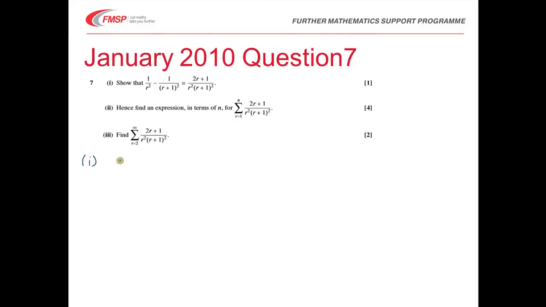So in part 1 there's only 1 mark for this, but it is on the other hand a show that question. So just make sure that you do actually show it quite carefully. So we'll need to subtract the fractions, so we'll take a common denominator of r squared upon r plus 1 all squared. So on the numerator we'll have r plus 1 all squared minus r squared.